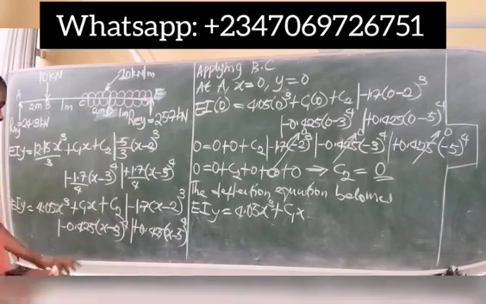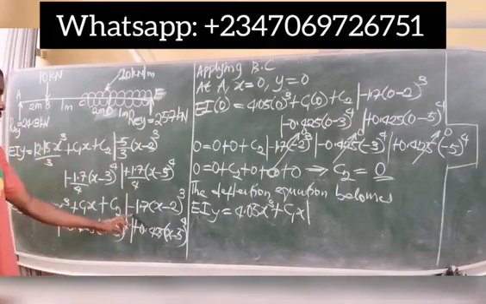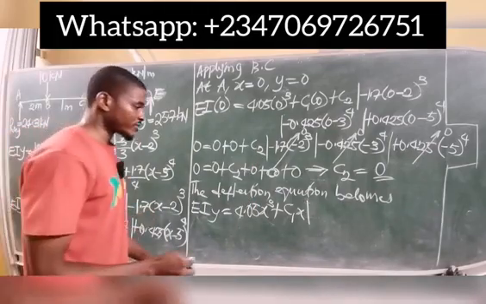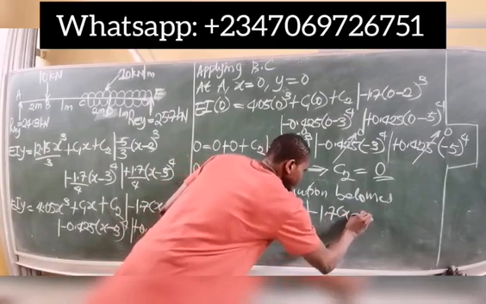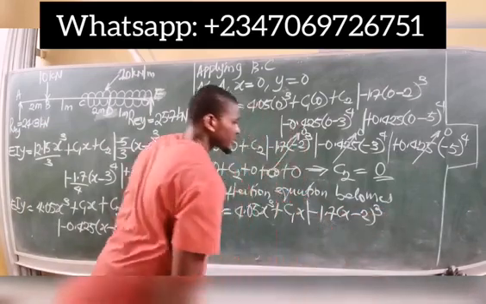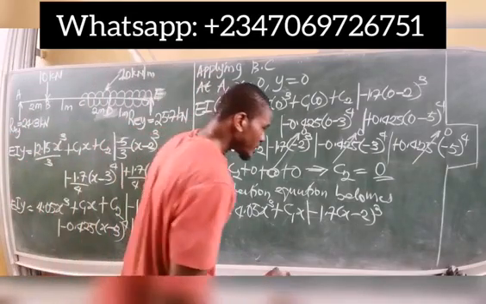Now, since we know the value of C2, C2 is 0, so it's completely off. Next is to put down your Macaulay's bracket. We have here minus 1.7 x minus 2 to the power of 3. So minus 1.7 into x minus 2 to the power of 3. Okay. We have here minus 0.425 into x minus 3 to the power of 4.